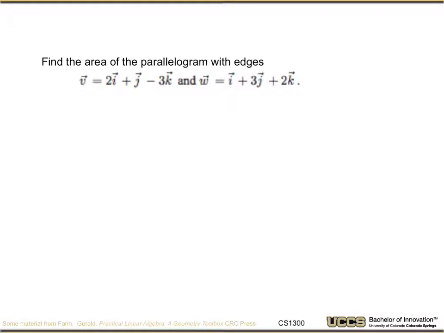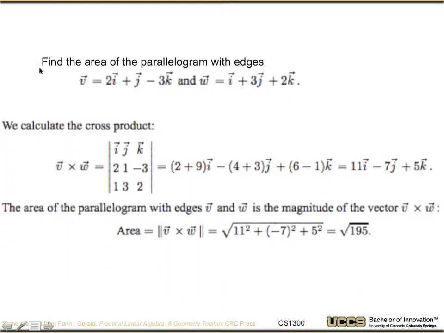Hopefully you remember that the area of the parallelogram is given by the magnitude of the cross product, which, especially in physics notation, is something you've probably seen or will see. So here we're just going to take the cross product. For i we get 1 times 2 minus 3 times minus 3, so 2 plus 9 for i. For j we get 4 minus 3.